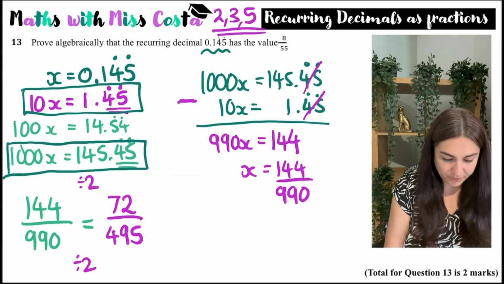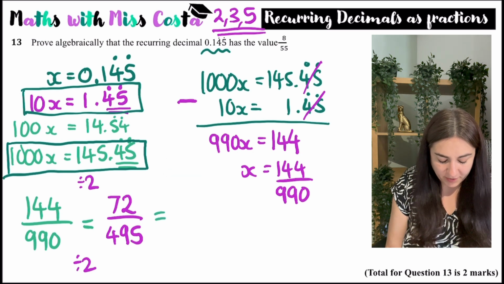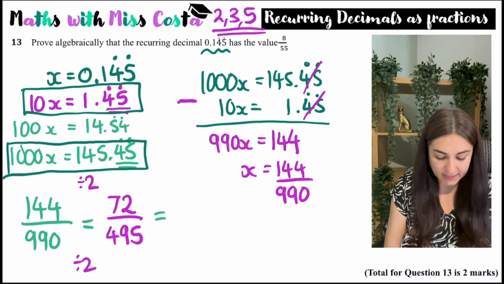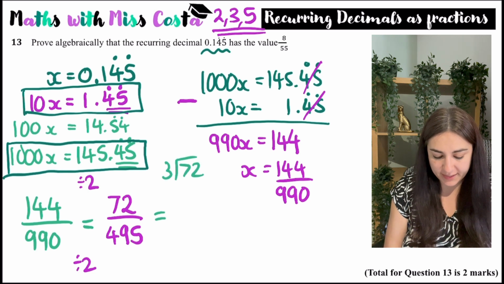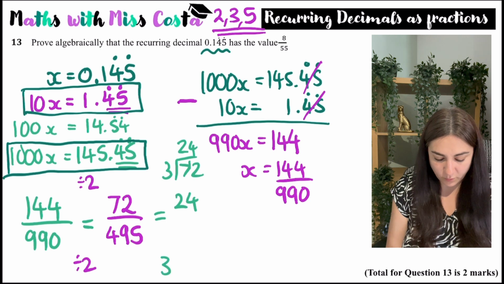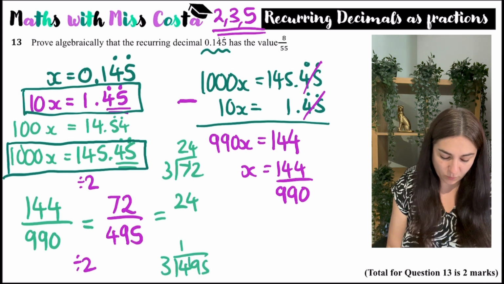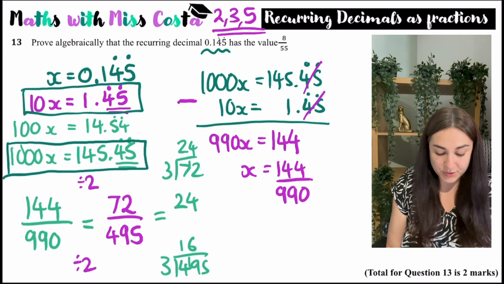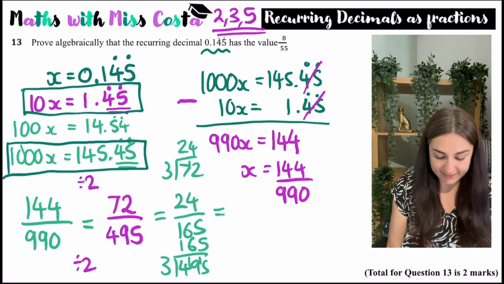Okay, so now let's see what I can divide this by. I'm going to try 3. So 3's into 72, 3's into 7 go twice, remainder 1, so that would be 24. And then 3's into 495, 3's into 4 go once, remainder 1. 3's into 19 go 6, remainder 1. And 3's into 15 go 5. So that'd be 24 over 165.